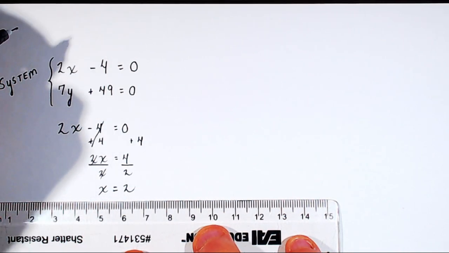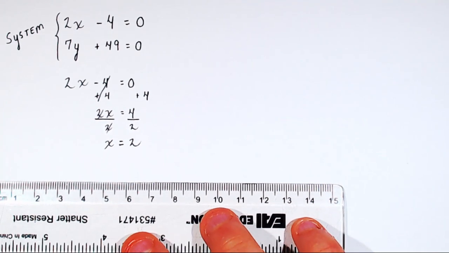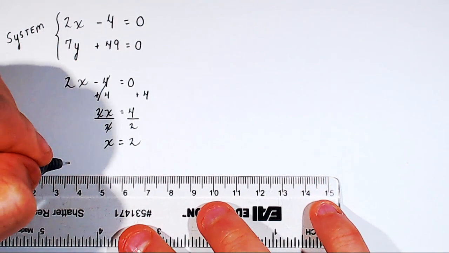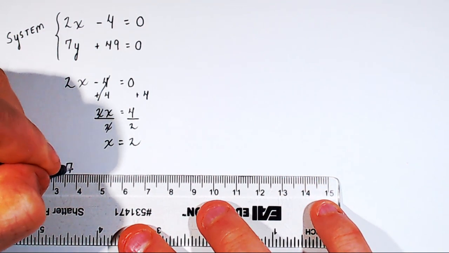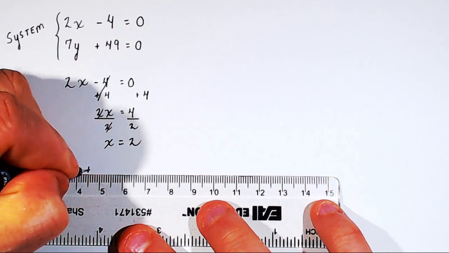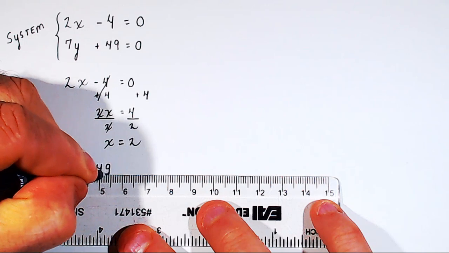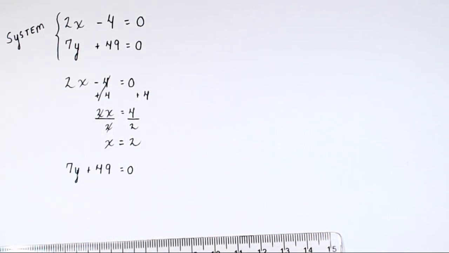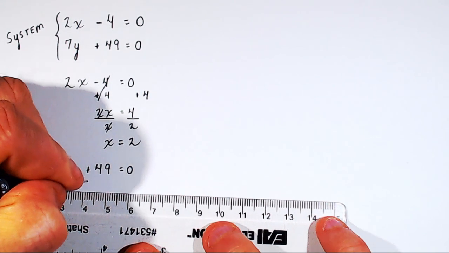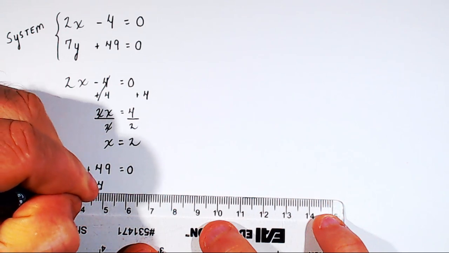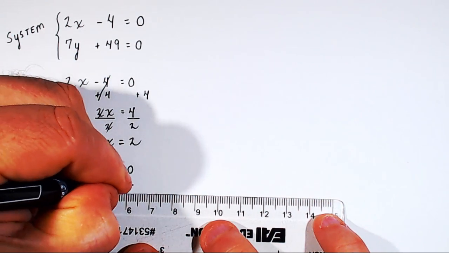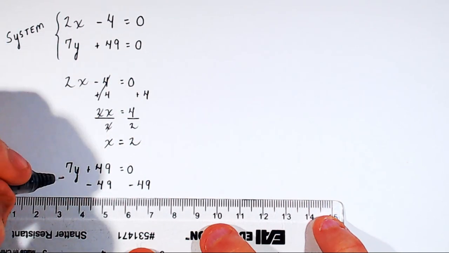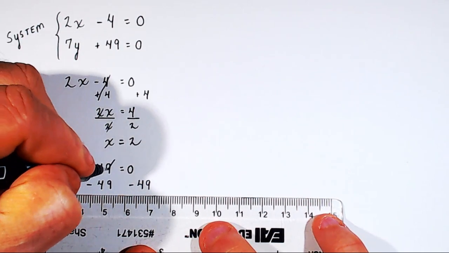Now we'll do the same thing for the y down here. We'll solve for y. So we're given 7y plus 49 equals 0. Now, what I'll do is subtract out the 49 on both sides. And this cancels.